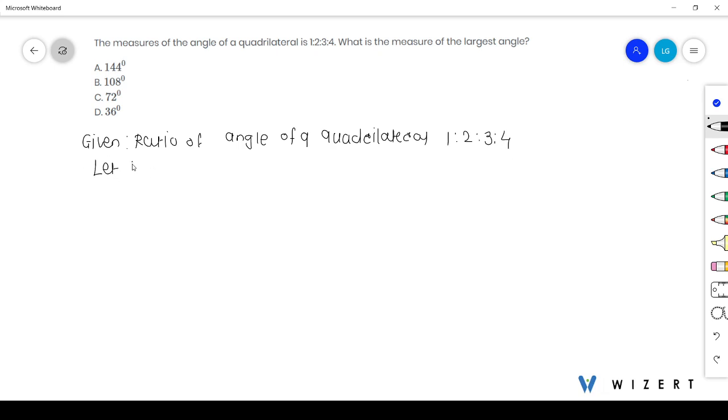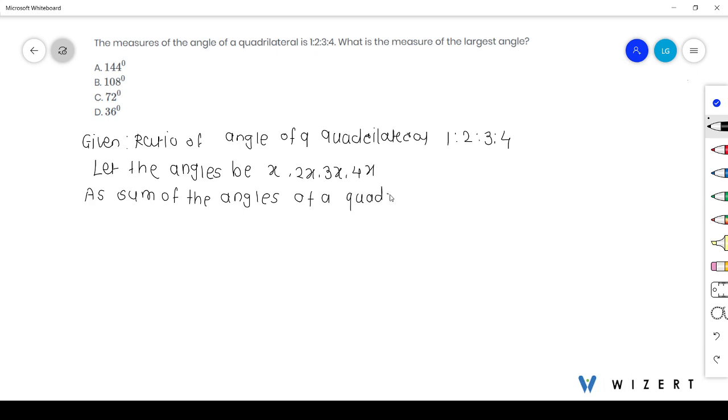Let the angles be x, 2x, 3x, 4x, as the sum of the angles of a quadrilateral is 360 degrees.